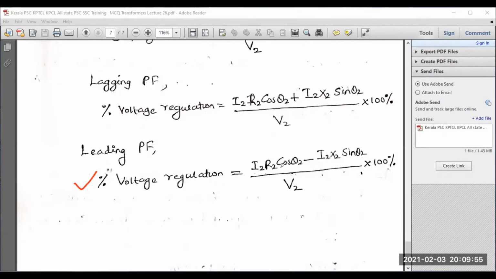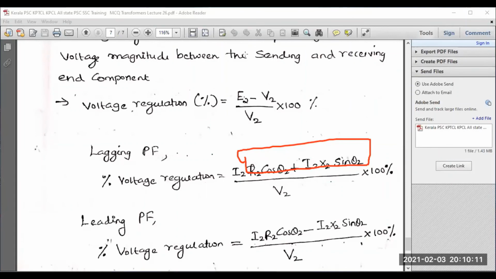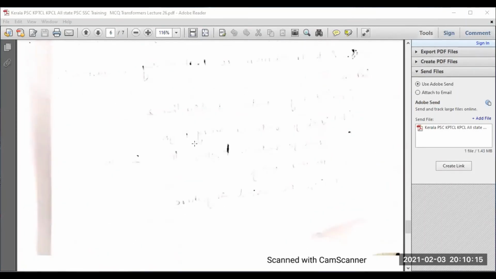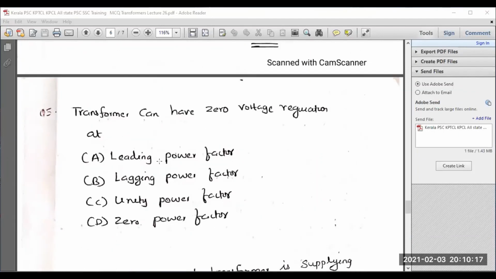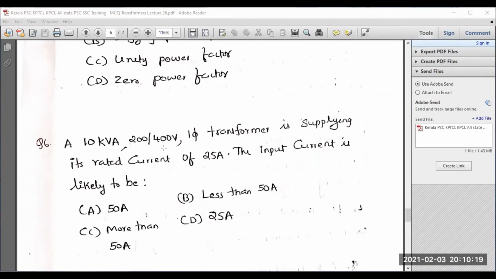If you look at the voltage regulation, I2 R2 cos phi 2 minus I2 X2 sin phi 2. Look at the terms. If both the terms are equal, the voltage regulation will become 0. So I can go for option A, that is leading power factor. I hope it is very clear to everyone. If you are having any queries, feel free to put them in the comment box. I'll reply.